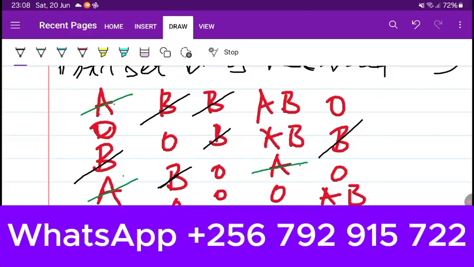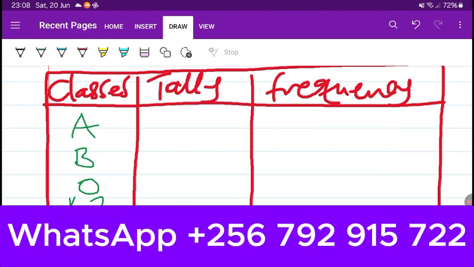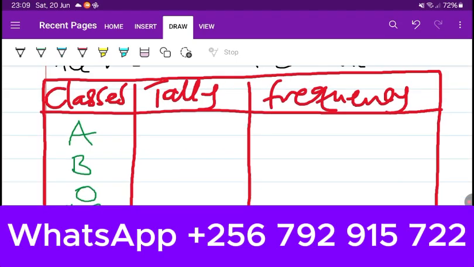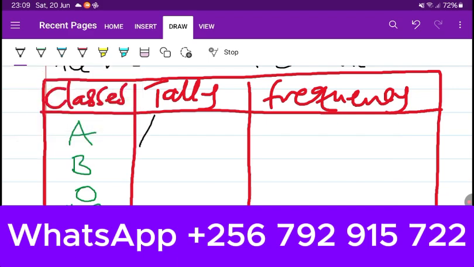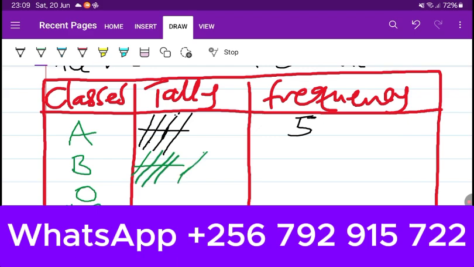So we go into the table. When we tallied the one for A, there were 5. So 1, 2, 3, 4, then 5. That's when you count 1, 2, 3, 4, and the one cutting across is 5. So you put a 5 here. Then for B, we said there were 7. Maybe you can use a different color. 1, 2, 3, 4, 5, then 1, 2.